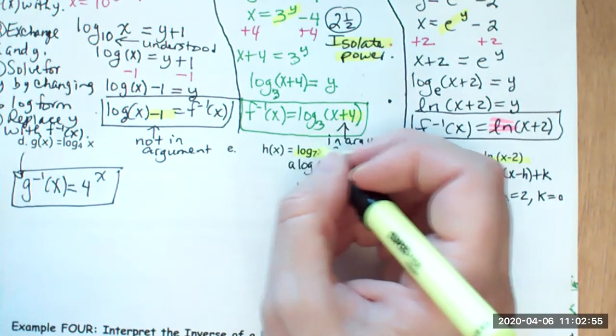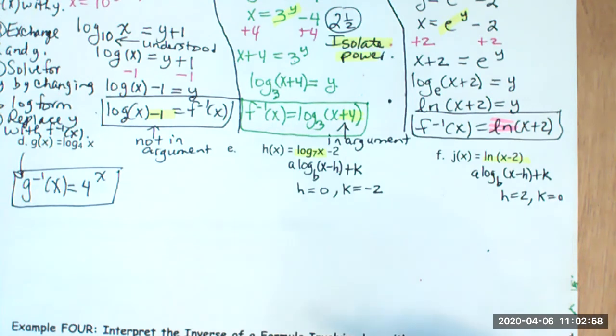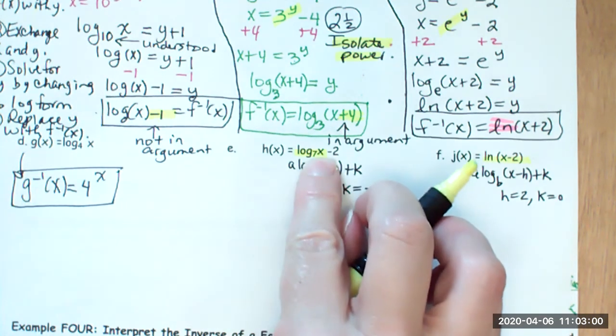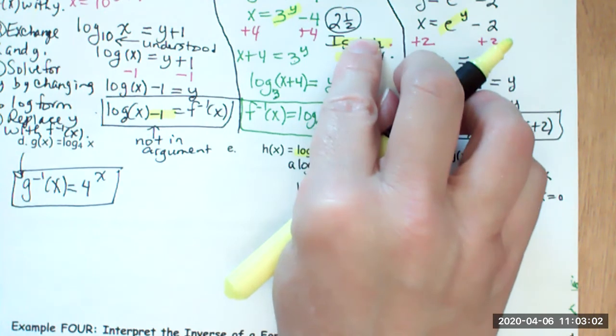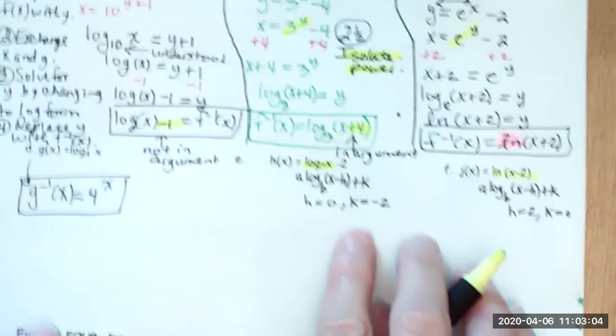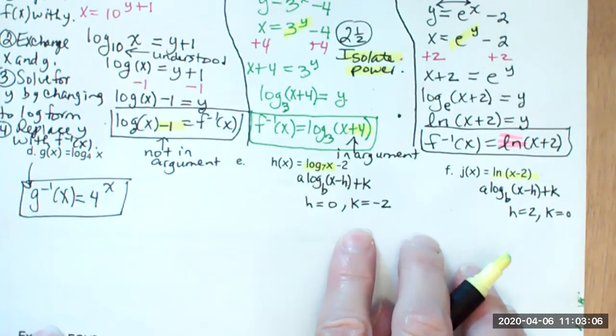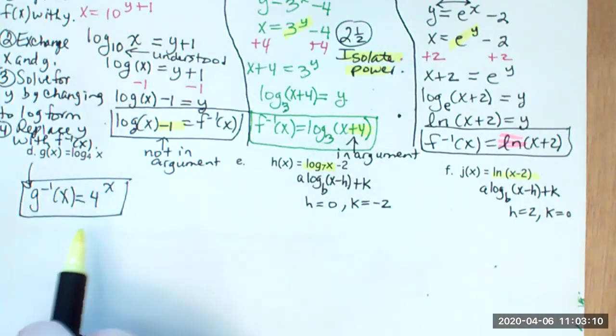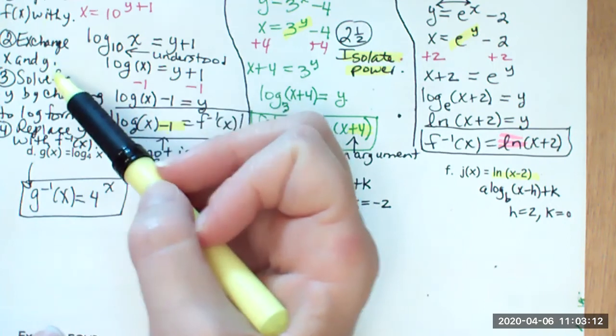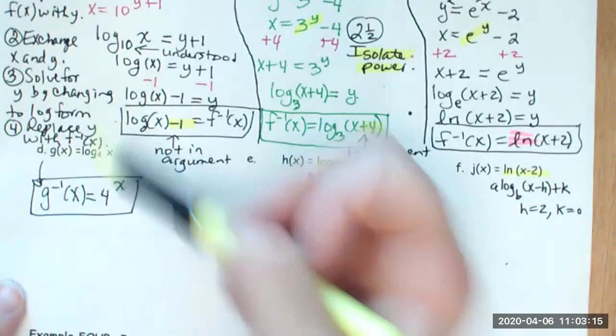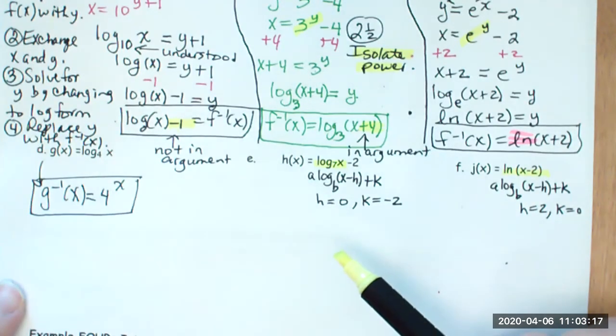Here, the log is not isolated, and so you have to isolate the log here. You have to do that step 2.5, where in this case it's isolate the log, not isolate the power. And of course, here we had to solve for y by changing to log form. Here we're going to solve for y by changing to exponential form.